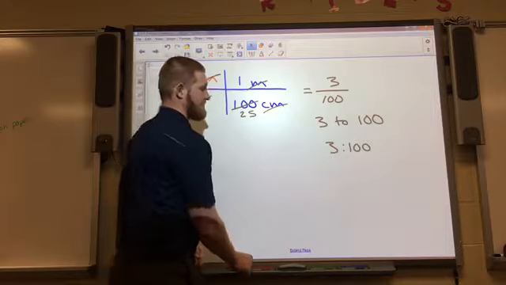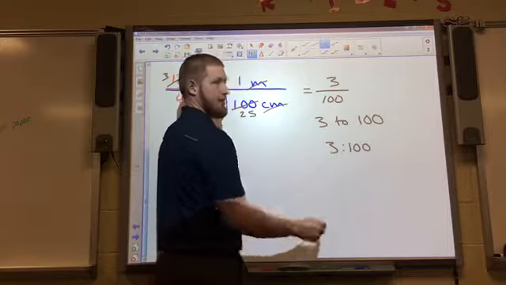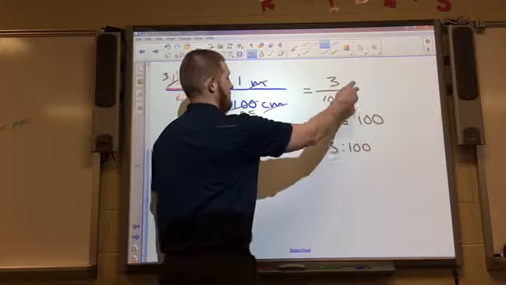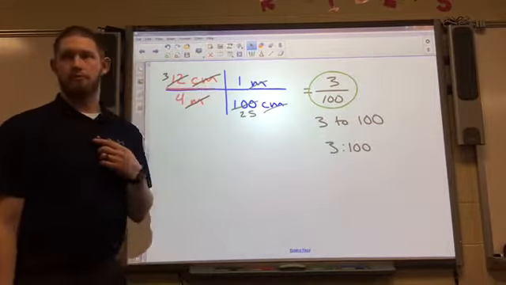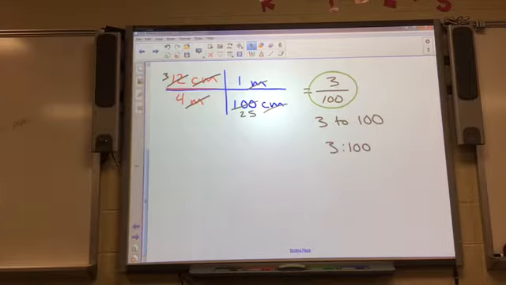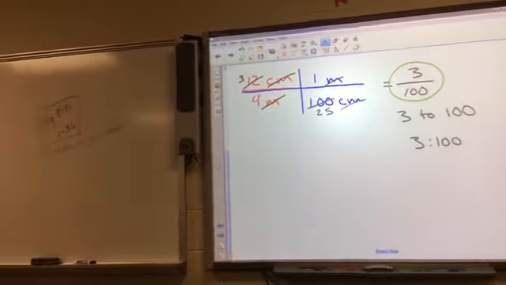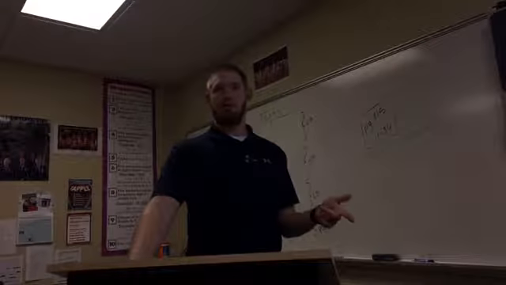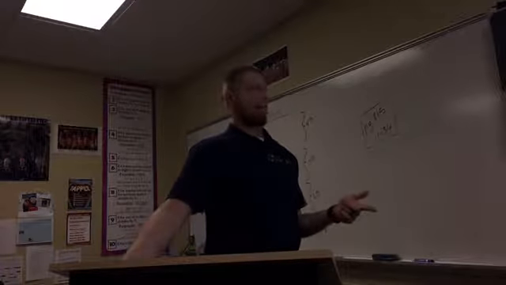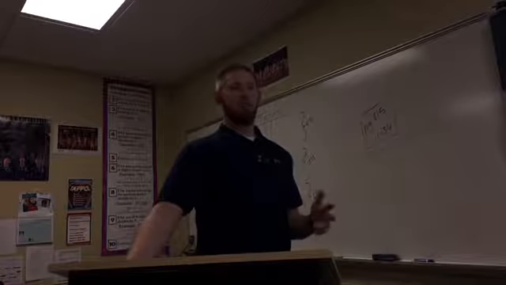I would say 95% of the time, if they don't tell you what way to write it, I would prefer you write it as a fraction. The reason we're going to want to write that as a fraction is because we're going to be using this in proportions. So we're going to be using it to figure other things out.